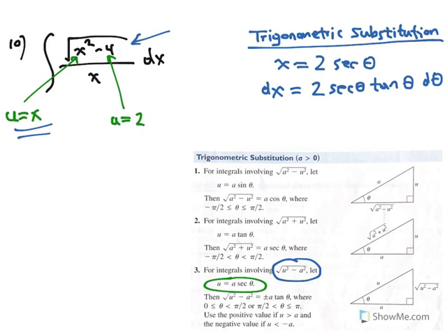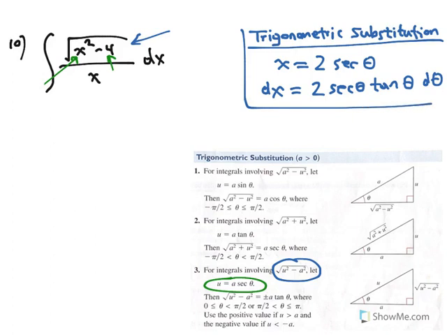With this, we can now move on to our next step in the process, which is to change variables from x to theta by using our trigonometric substitution. So we want to have nothing in terms of x and everything in terms of theta. You can do this as follows.